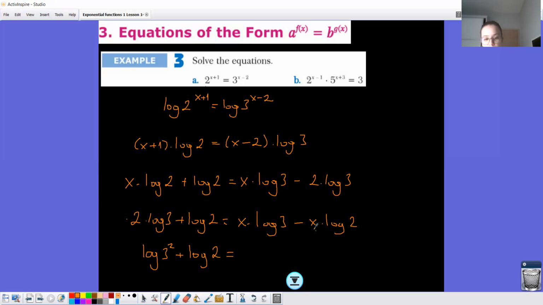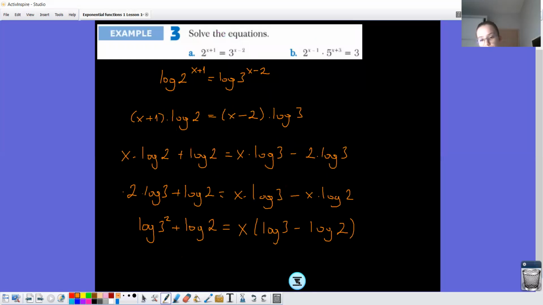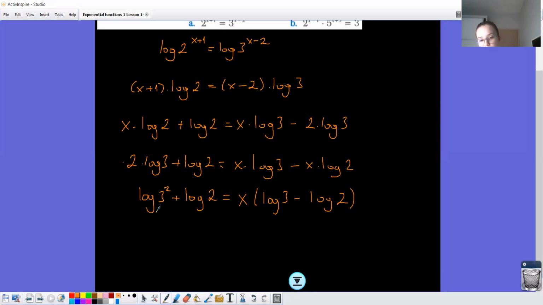And here we have x as common. In the parentheses, I'm writing logarithm of 3 minus logarithm of 2. Now here we have the same bases, addition between them. Can I write this one as logarithm of 9 times 2? Equal to x times, this is the same base, logarithm of 3 over 2.